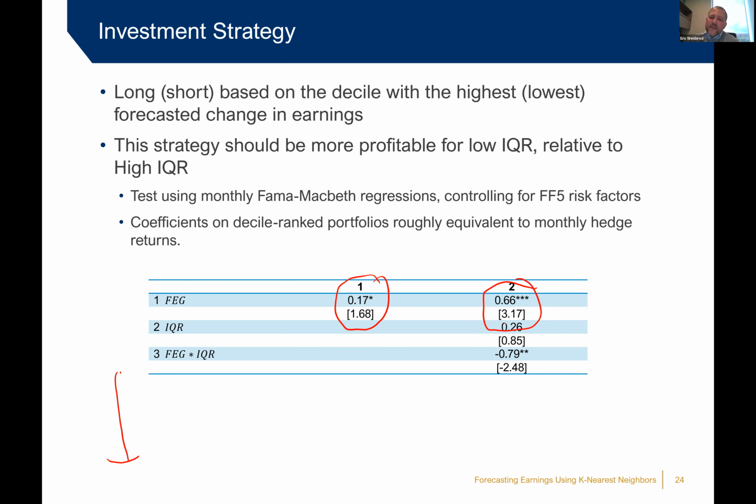We standardize everything here so that this can be interpreted somewhat as the hedge return for that strategy among the low IQR portfolio, and then compared to the high IQR portfolio. So we find significant positive abnormal returns for our best forecasts, and then it actually ends up becoming negative for the highest IQR. And we've looked at this in portfolios. So if you did a hedge of hedges, you could also profit on the difference in accuracy.